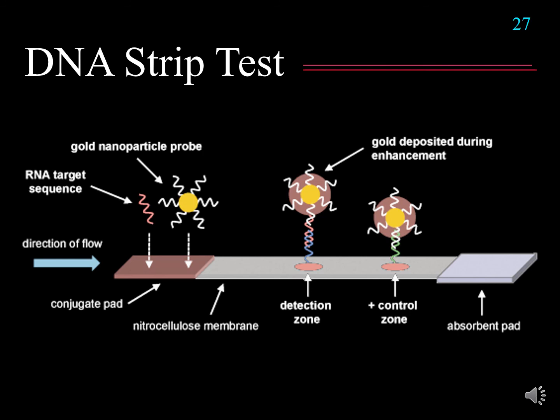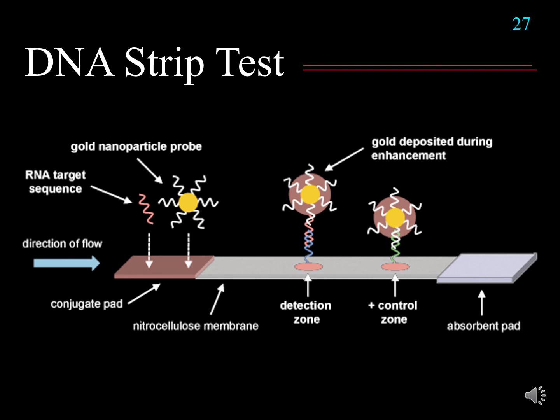So as we can see, we have everything complexed together here. But at the control zone, we have DNA that can interact with the DNA on the gold nanoparticles. So this is the control zone.